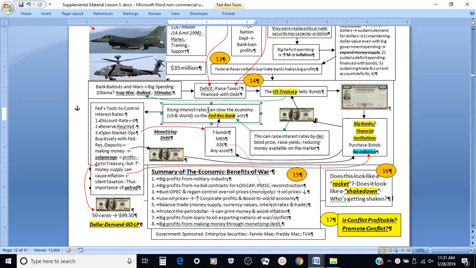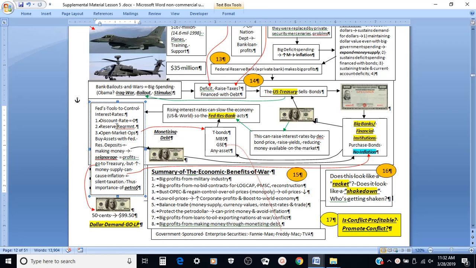So the Fed, if there are rising interest rates, can respond to this by lowering interest rates. And the Fed has 3 tools to control interest rates. One is a discount rate, which is the rate at which they lend money to member banks. They can lower that. Another is a reserve requirement. They can relax that. They tend not to do this.